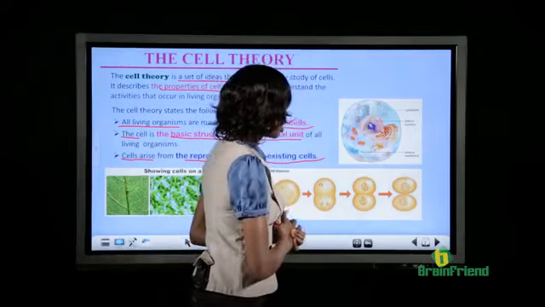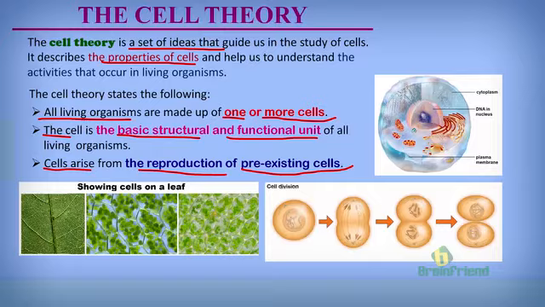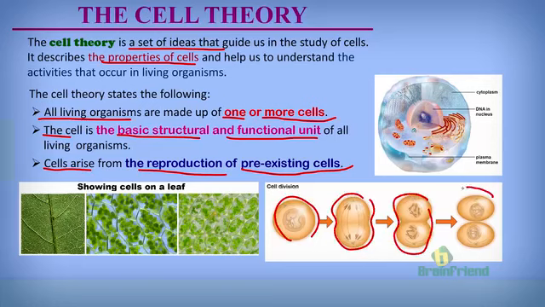So you have a case where cells divide themselves to give rise to new cells. You see one cell going through division, still trying to divide itself until it is successfully divided into two new cells. So whether a cell is an organism or part of an organism, it is produced from the division or reproduction of pre-existing cells.